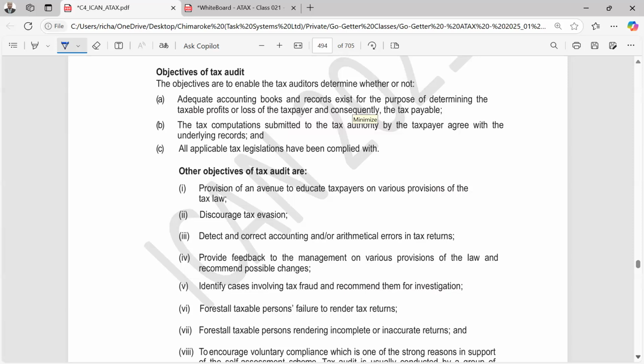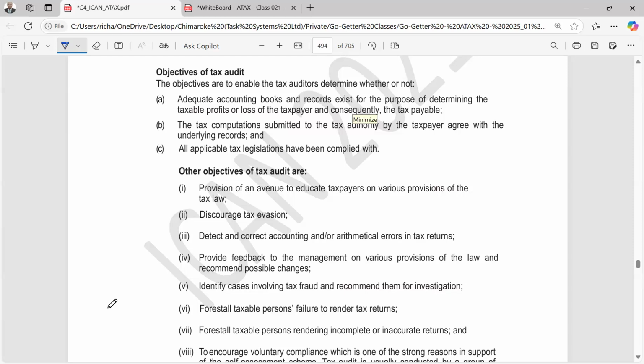And because you also know that a tax audit will be done, it will forestall your failure to render your tax returns, which is also linked to tax evasion. So you know that they are going to check and investigate, so you will not fail to do the right thing.